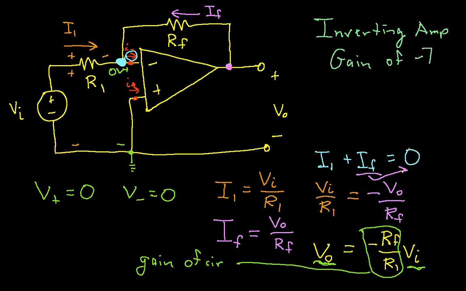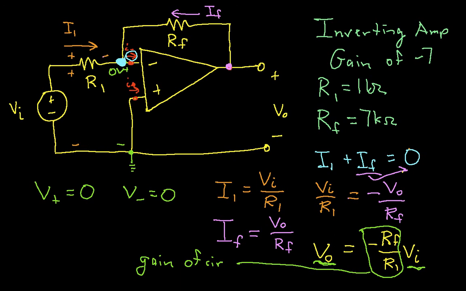Well, then what we would do is we would start with this circuit, that is an op-amp connected with R1 and RF as shown. We could arbitrarily choose a value for R1. So let's choose R1 equal to 1 k ohm. Then to get a gain of -7, we would need the ratio between RF and R1 to be 7, which says that RF would be 7 k ohms. So that's pretty much all there is to doing this design.